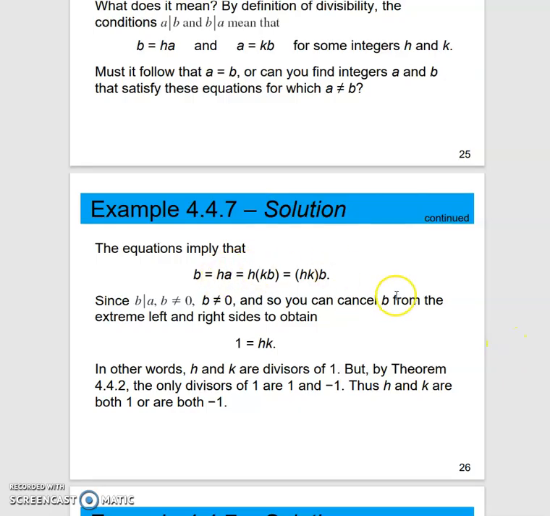And again, if we try to work through all of that, basically we'd have to conclude that h and k are divisors of 1. Well, if we remember our earlier theorem, the only divisors of 1 are 1 and negative 1. So the only options for h and k are either both 1 or both negative 1.